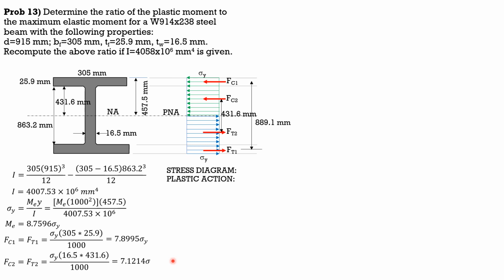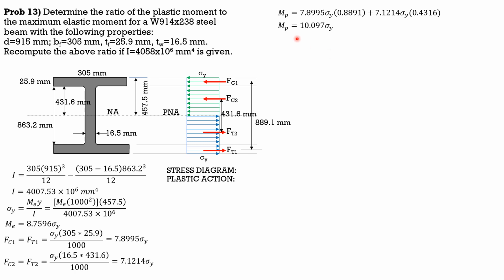So that would be 7.1214 sigma y kilonewtons. Then the plastic moment is equal to FC1 times 0.8891 meter, so that it will be in kilonewton meter, plus FC2, 7.1214 of sigma y times 0.4316 meter. So plastic moment therefore is equal to 10.097 of sigma y.